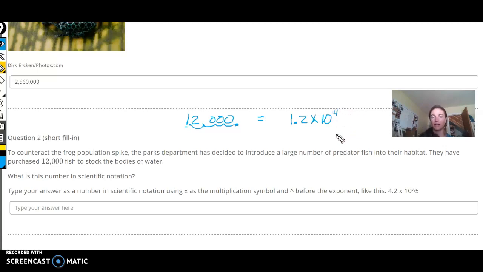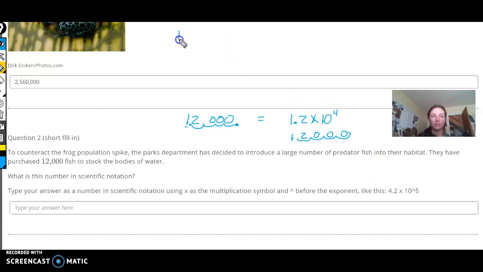I can verify this because if I started with 1.2 times 10 to the 4th and I multiplied by 4 tens, I would get 1, 2, 3, 4, and that is the number that I started out with. Essentially it's 10 to the 4th.